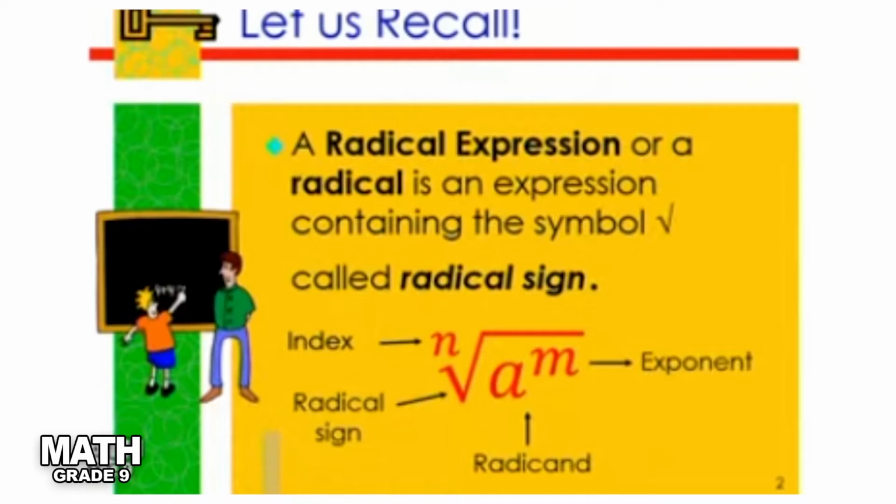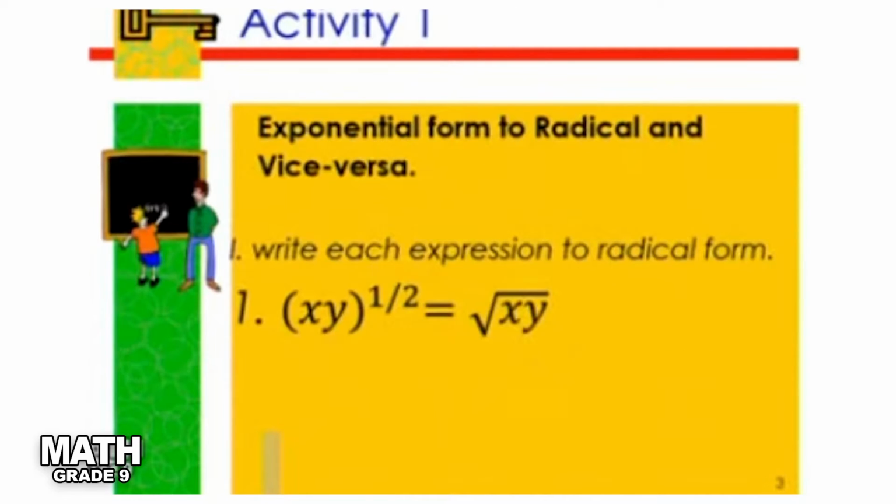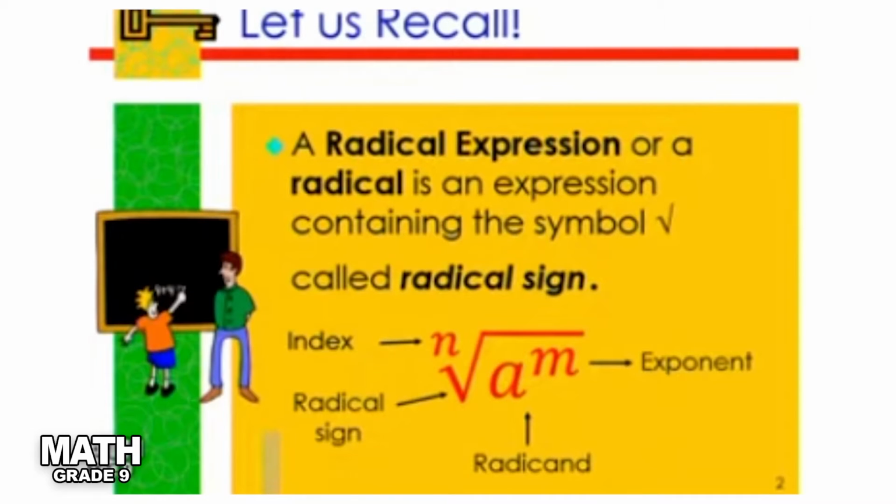In the symbol, the nth root of a raised to m, n is called the index or order, which indicates the degree of the radical, such as square root, cube root, and fourth root. A raised to m is called the radicand, which is a number or expression inside the radical symbol, and m is the power or exponent of the radicand.